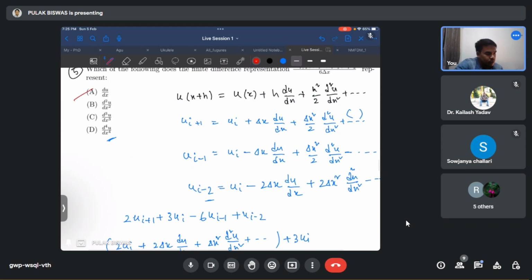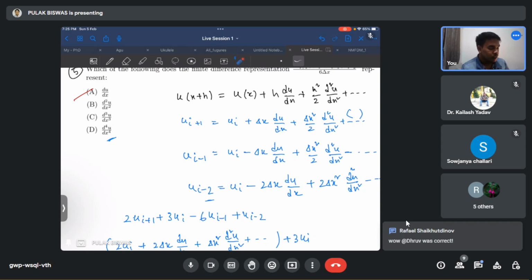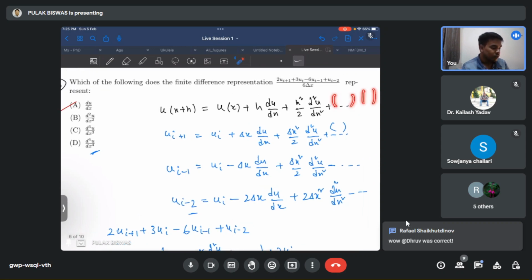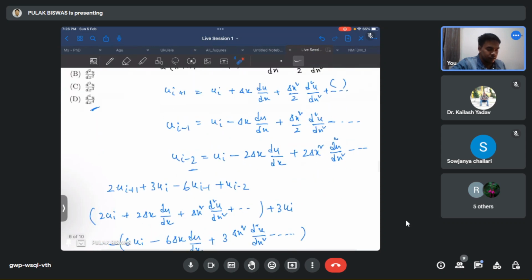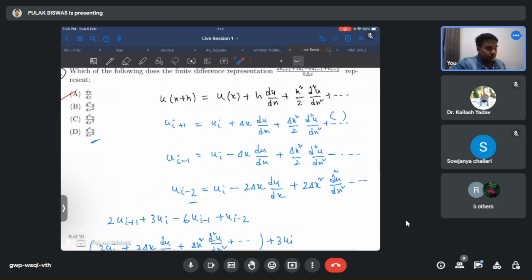So my point will be, since fourth order is there, you should keep terms after fourth order, the fourth derivative. Then whatever will be getting cancelled, it will be getting cancelled. Okay.